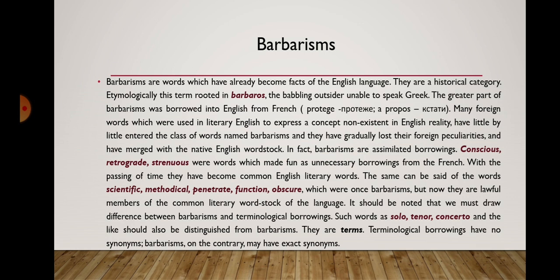Such words as solo, tenor, concerto, and the like should also be distinguished from barbarisms. They are terms. Terminological borrowings have no synonyms. Barbarisms, on the contrary, may have exact synonyms.